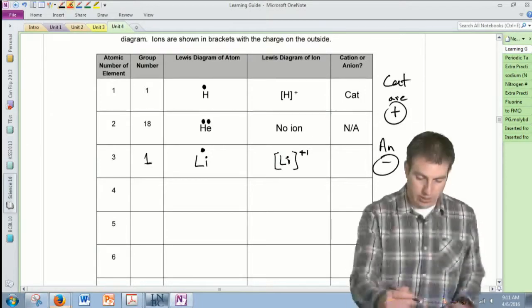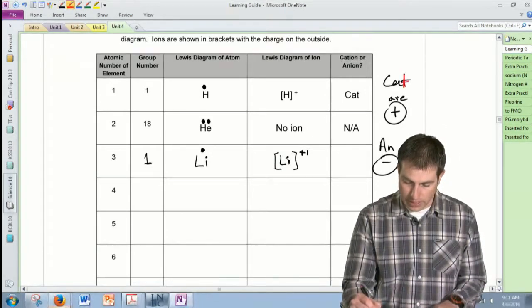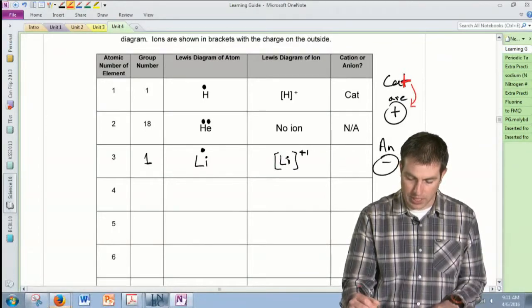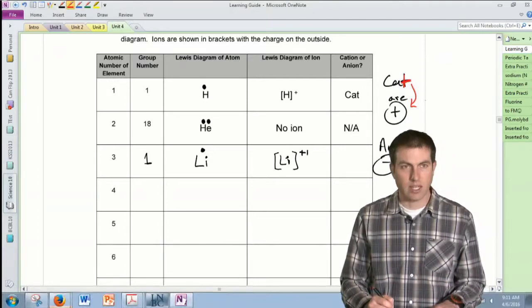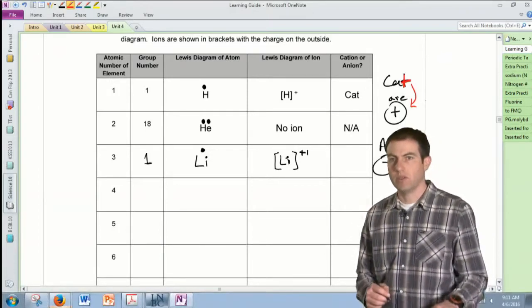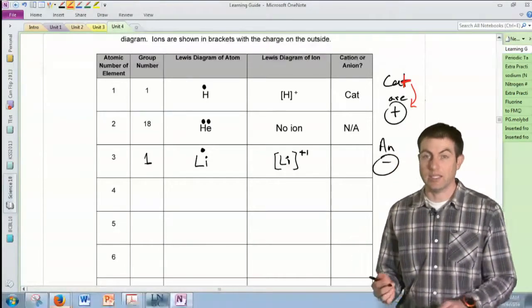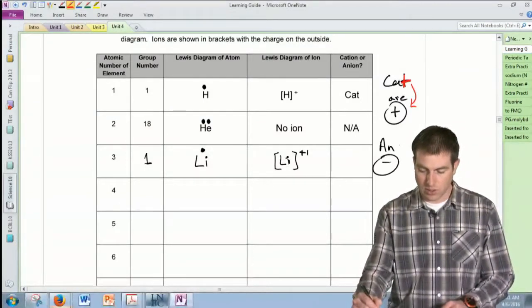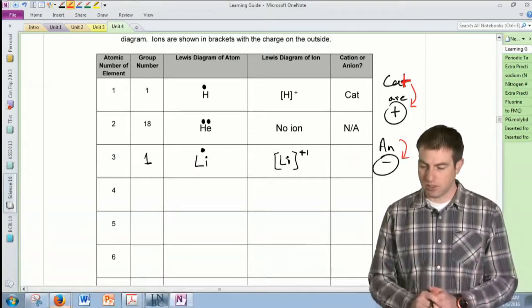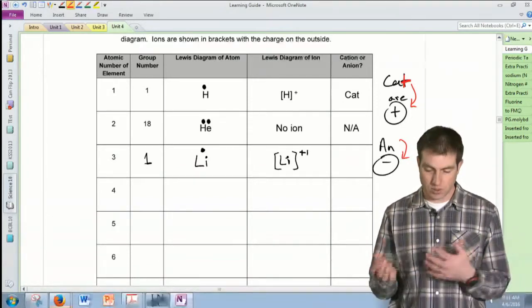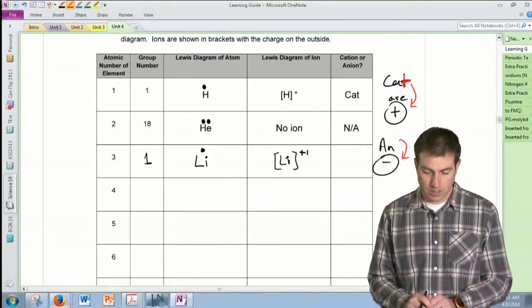Well, cat has the letter T in it, and T kind of looks like a plus sign, so cations are positive. And anion is kind of like anti, and anti is against things, so anions are negative. Just distinctions that chemists use to tell the difference between the things that are positively and negatively charged.